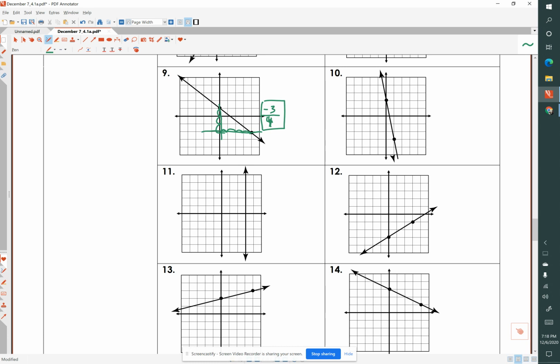Okay, let's look at this one. I think I need to use the highlighter here. Okay, so the slope is negative 1, 2, 3, 4, 5 over 1, which equals negative 5. Always simplify.